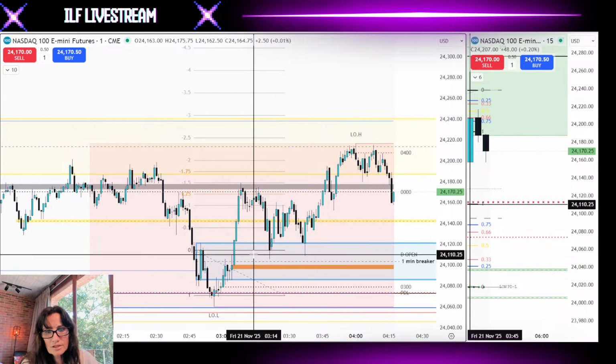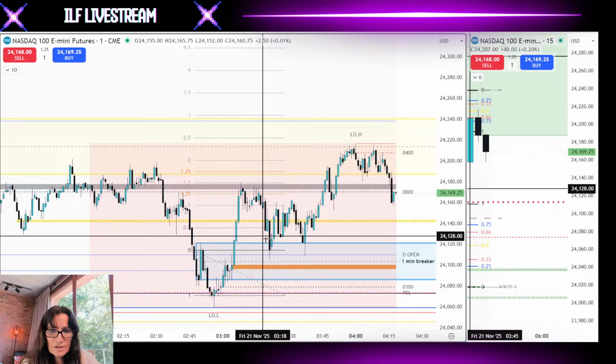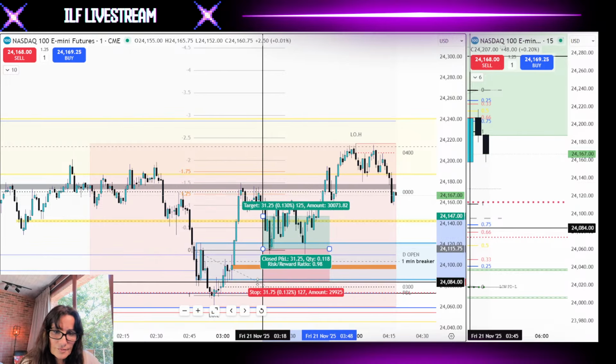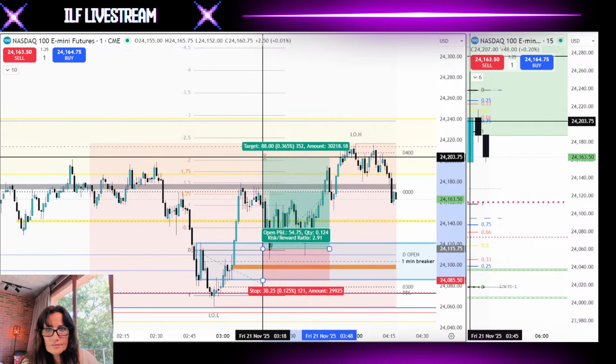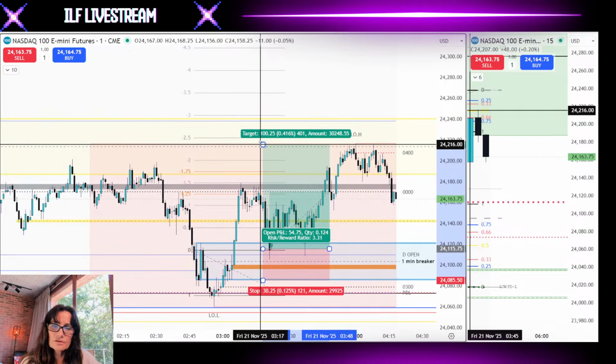I think I entered around here, so let's say the breaker and then the retest here. This was the stop. It's a 3R trade, and it's still good enough.